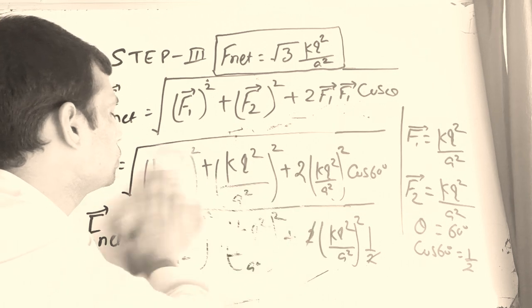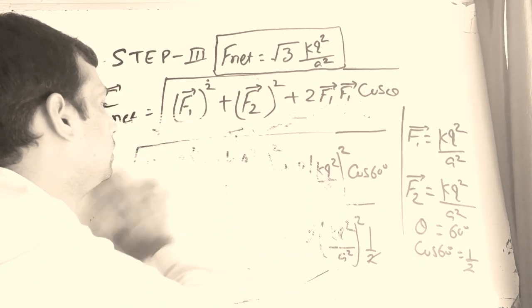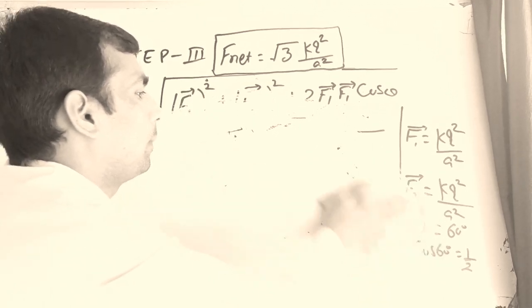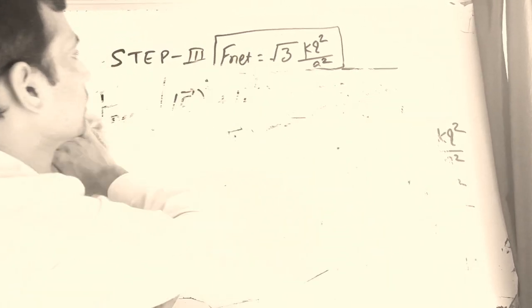Now I'm going to solve the next numerical, which is again based on Coulomb's law. This is basically lecture three, right? So now I'm going to take another example of Coulomb's law.